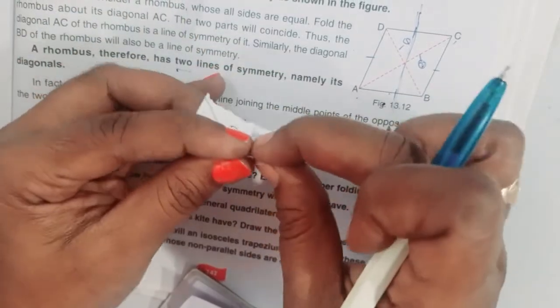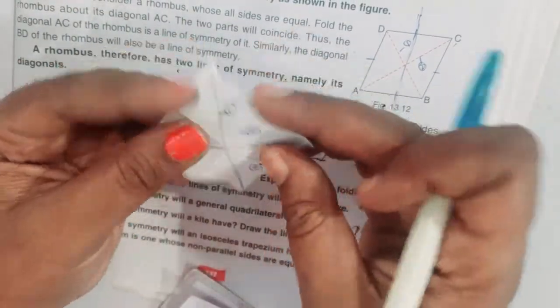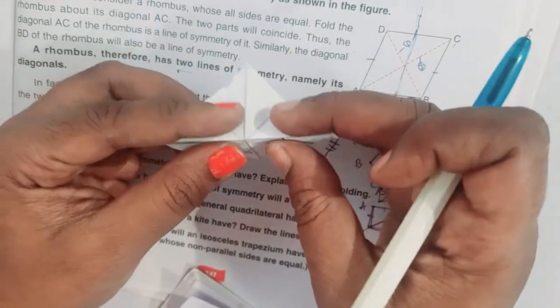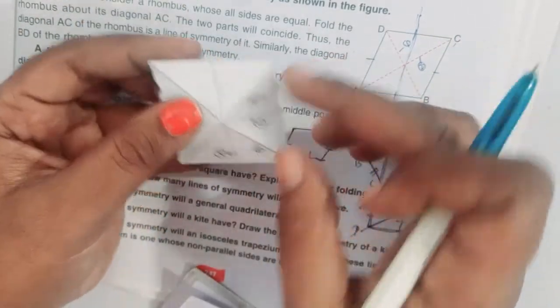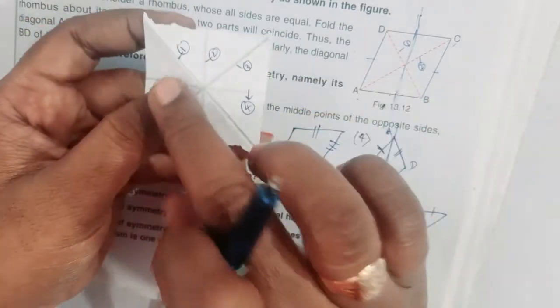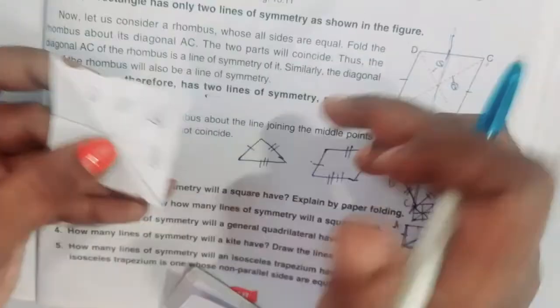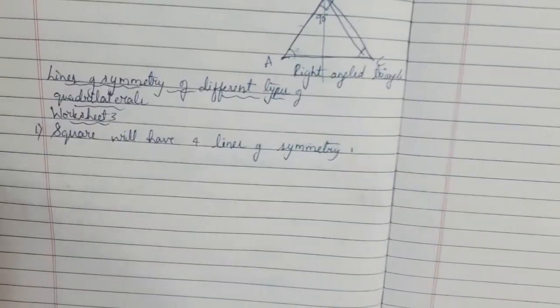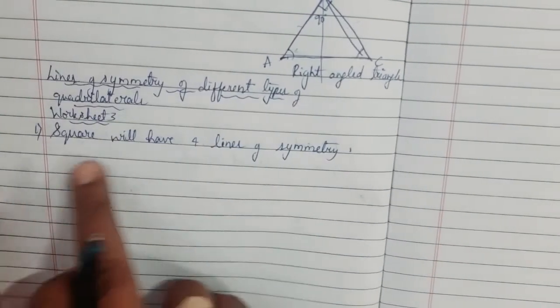Vertically, if I fold it, I get the second line of symmetry. About the corners, if I fold, I get the third line, and this one will be the fourth line of symmetry. In this way, I get 1, 2, 3, 4 lines of symmetry in a square. So a square will have 4 lines of symmetry.